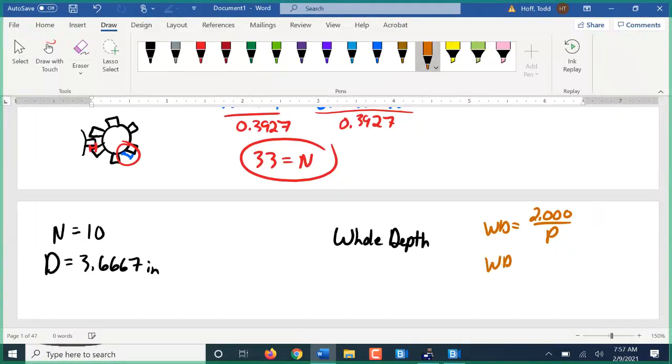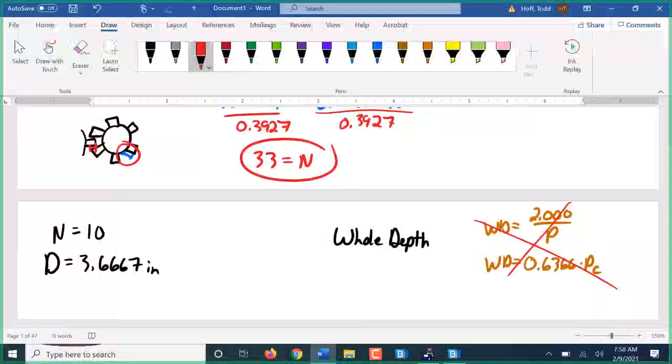Or hole depth could be defined as 0.6366 times the circular pitch. Again, don't have the circular pitch. Neither of those formulas is going to be very helpful to us here. But we're not going to totally ignore them. I'm crossing them off for now, but we may come back to them.